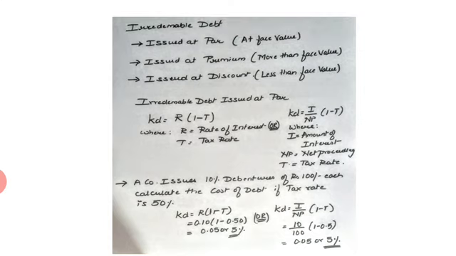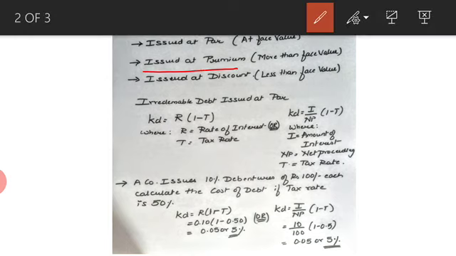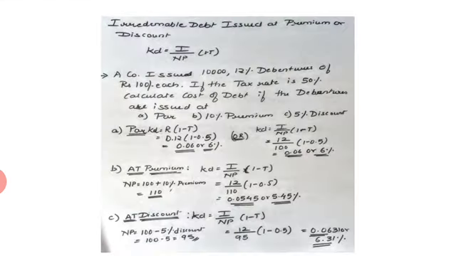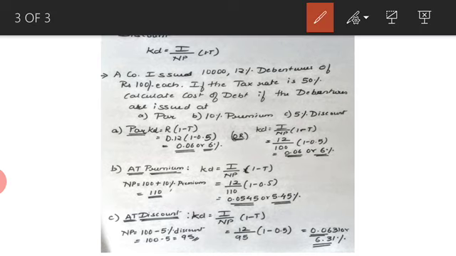Now let us understand the other two parts, that is if it is issued at premium and if it is issued at discount, what changes would happen. So irredeemable debentures issued at premium or discount. Now what is the formula over here? There is only one formula that we have, that is KD is equal to I divided by NP into 1 minus T. The same formula that we have used in the previous problem.